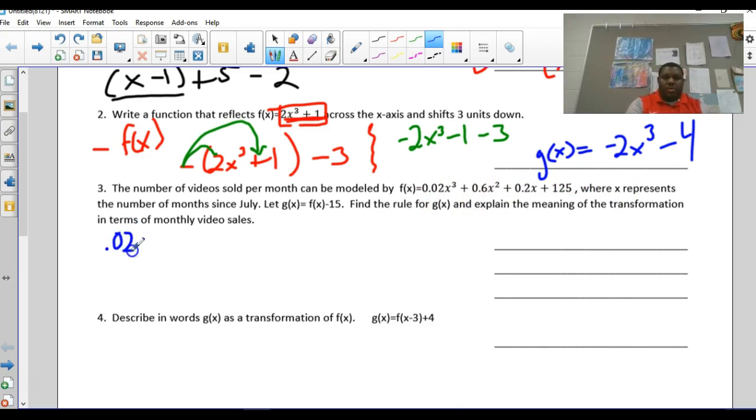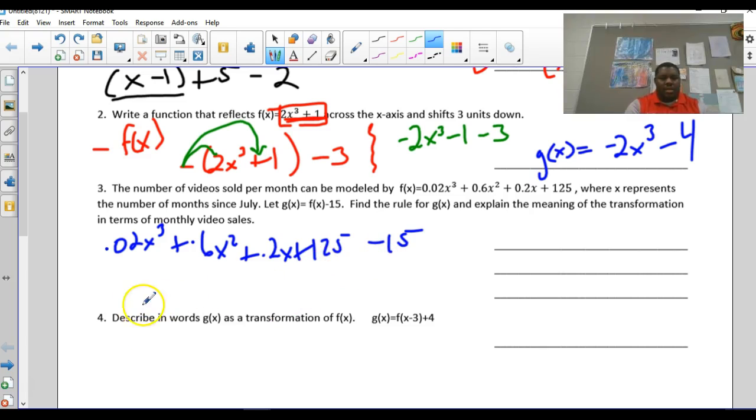So you have 0.02x cubed plus 0.6x squared plus 0.2x plus 125. And then we take the whole function and subtract 15. There's only one thing that can be subtracted here, that's the constant, to get 110.